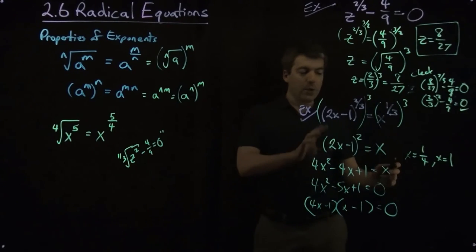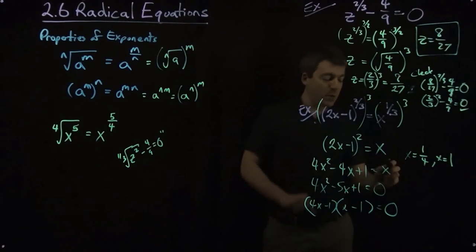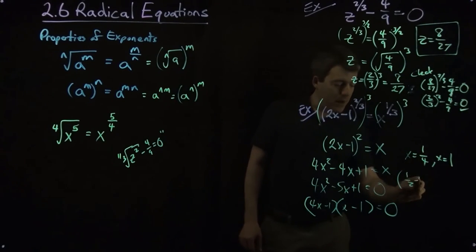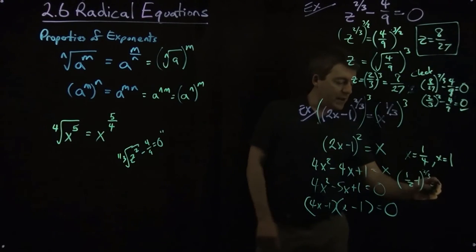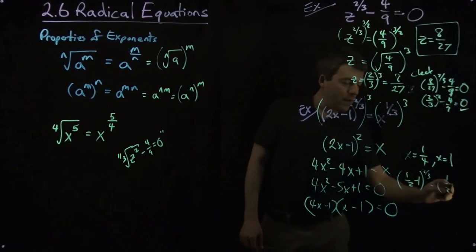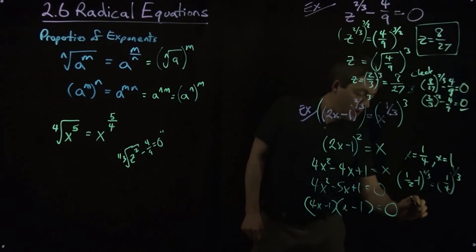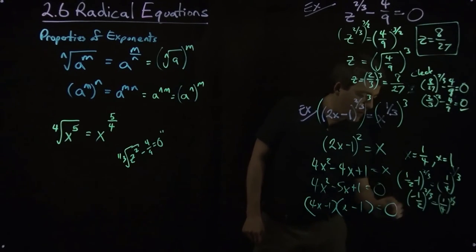All right, and we of course want to check each of these answers, so we'll put in 1/4 here. So we have 2 times 1/4 is 1/2, minus 1, raised to the 2/3 power. The right-hand side we have 1/4 raised to the 1/3 power. Here we have negative 1/2 raised to the 2/3 power equals 1/4 raised to the 1/3.